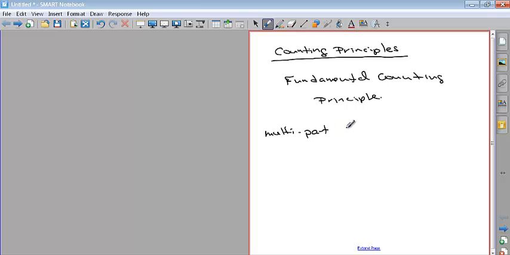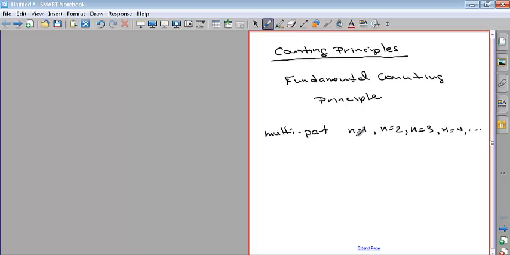So let's say it's multi-part. The first part is n equals 1, n equals 2 is the second part, n equals 3 is the third part, n equals 4 is the fourth part, and you just keep going on. And for each step, there are some number of choices.